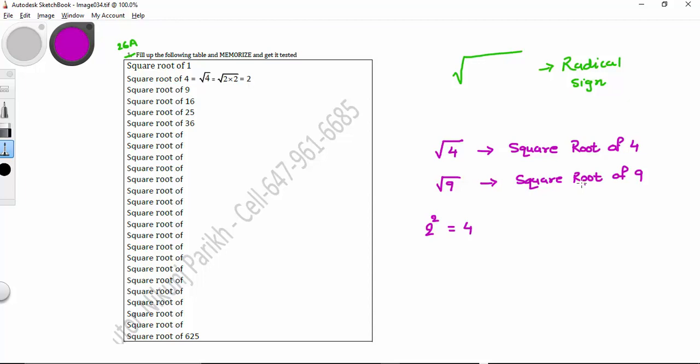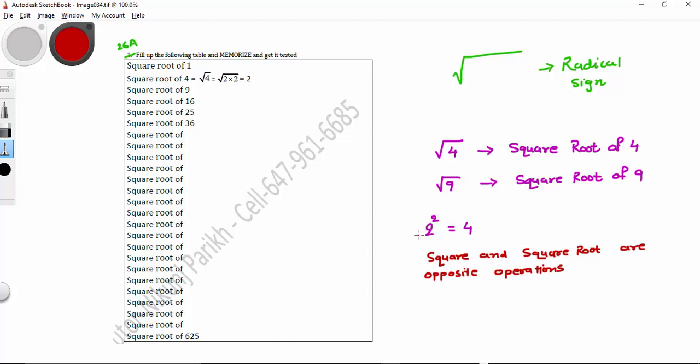So let me write that down. What does that mean?